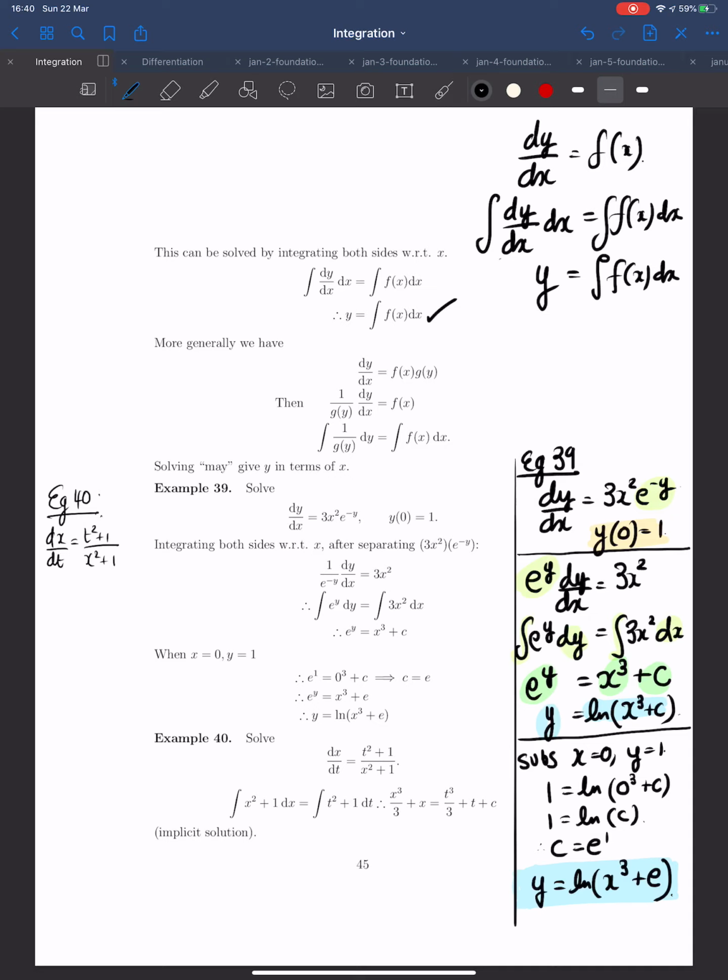The first thing to notice is x squared plus 1 is on the bottom, so we multiply both sides by x squared plus 1, to get the x's onto the left, which leaves t squared plus 1 on the right. Let's put these in brackets. Then integrate both sides with respect to t.